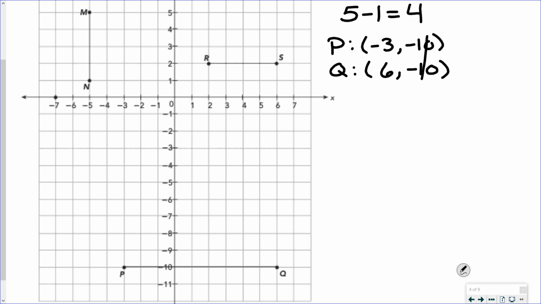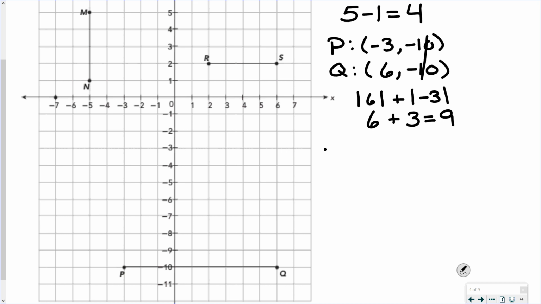The X coordinates have different signs, so I take the absolute value and add. Absolute value of 6 is 6, absolute value of -3 is 3, 6 plus 3 is 9. And for these, since those lines exist, you can double check your work by counting the spaces.